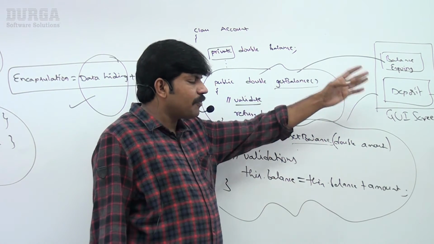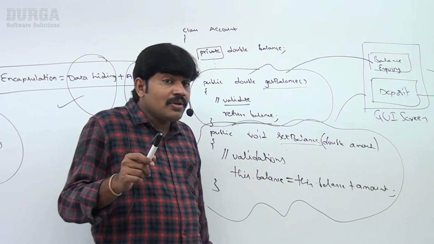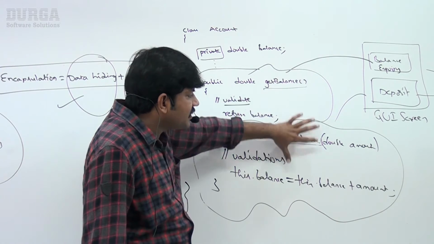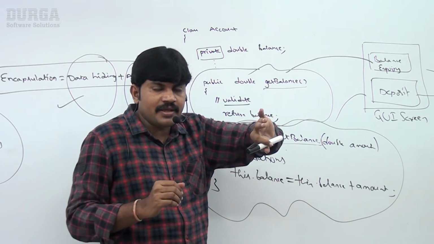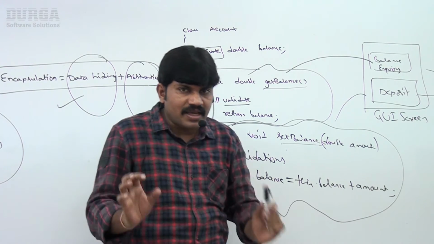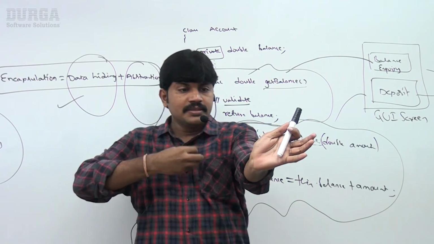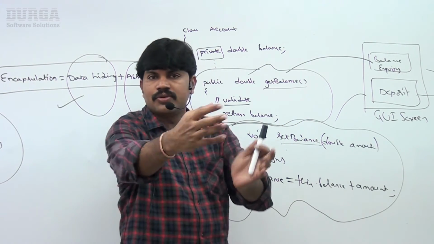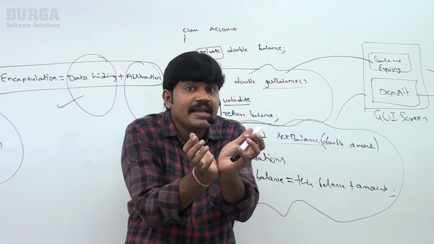So if the outside person wants to access, he has to call the get balance or set balance method. So through get balance and set balance only, we are going to provide our data. That's why get balance and set balance are the interface for the outside person, internally our balance data is going to come. That's why hiding data behind methods.